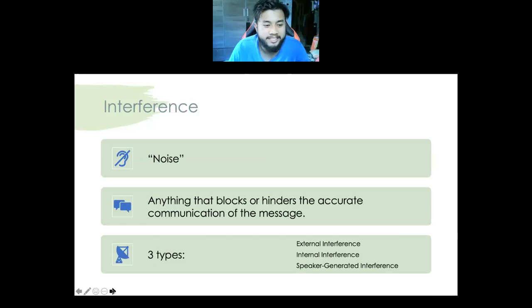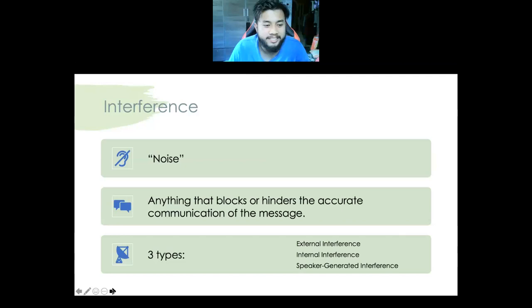Maybe the microphone did not work very well. The audio is horrible, or maybe the speaker got sick on the day of his speech. Maybe the speaker caught a sore throat that makes the speaker's voice harsh, right? So that's anything that blocks or hinders the accurate communication of the message.